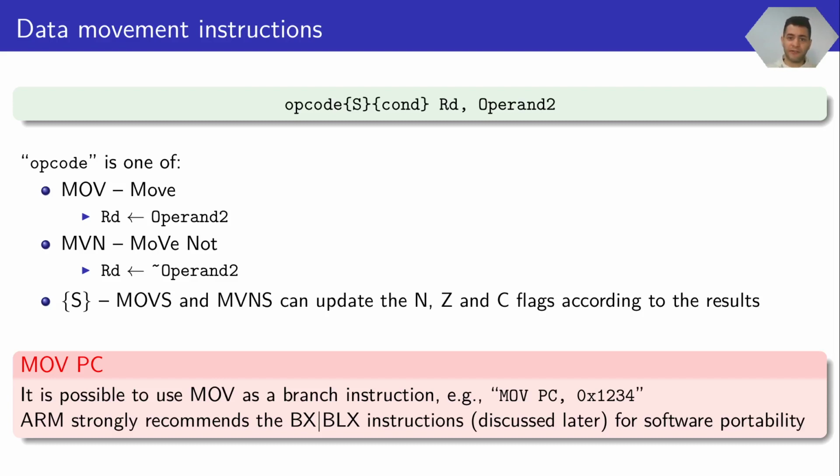This is totally different from x86, where you don't have this direct control over the PC. But obviously ARM strongly recommends not using this instruction. Instead you have to use the BX or BLX instruction that we will discuss later, which are very useful for software portability.